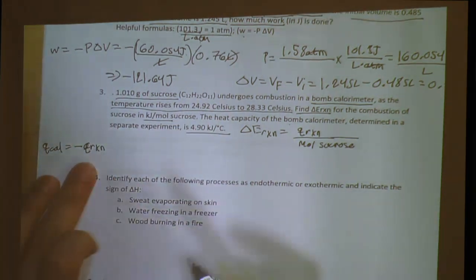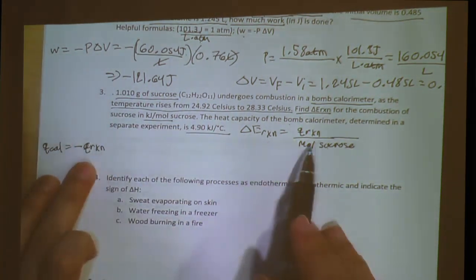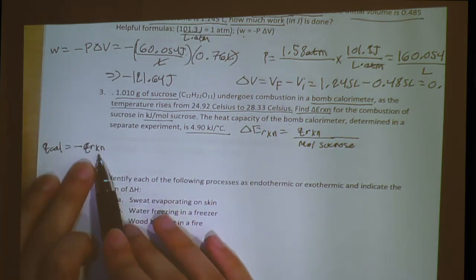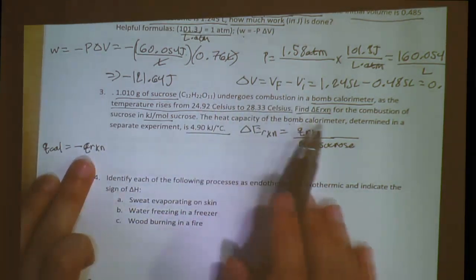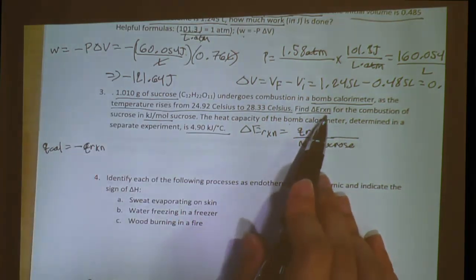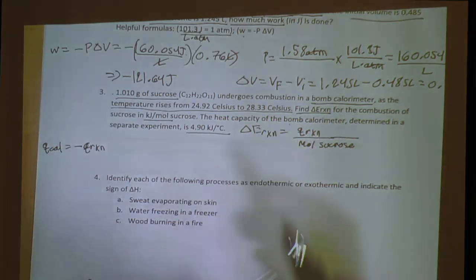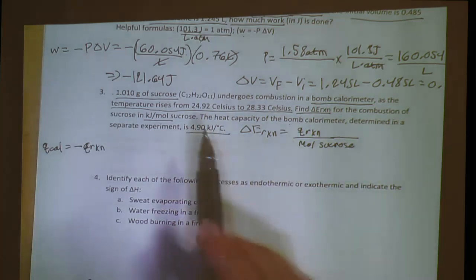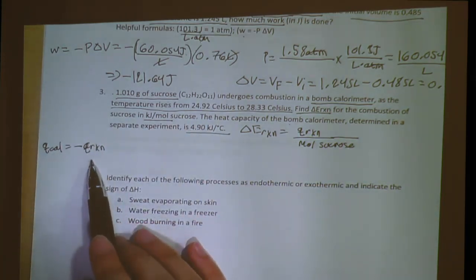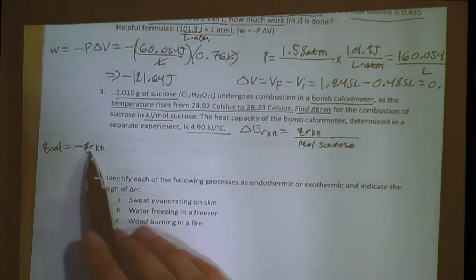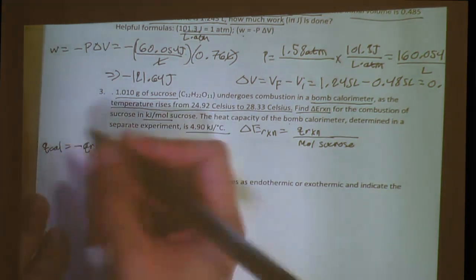So when they're asking us to find the reaction, we're going to have to flip our Q and make it negative. That could be kind of tricky with these exams, having to know if your Q is going to be positive or negative, because you could get two of the same answers on your exam, one being positive and one being negative, and we have to know, oh God, which one is it going to be, right? So now we could find it.